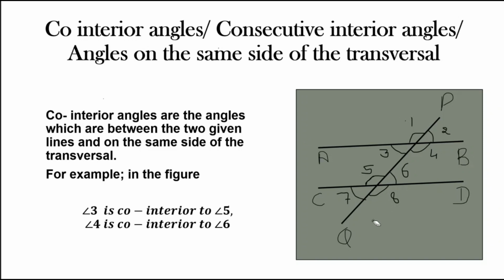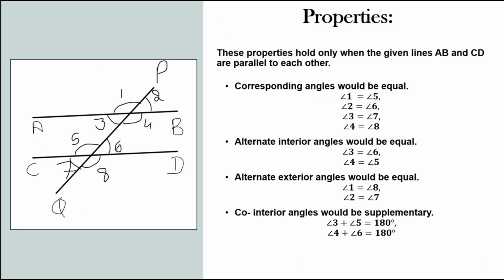So that is all about parallel lines and the types of angles. Now coming to the most important slide of today's topic, which is the properties. Please keep in your head that these properties hold only and only when the given lines AB and CD are parallel to each other.